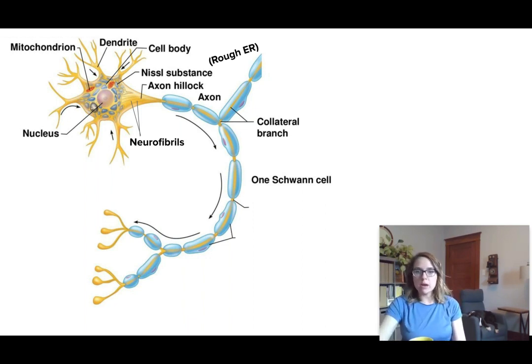When you learned about the cell theory, you learned about the scientists responsible for that. One of those scientists was Theodor Schwann. There was Schleiden and Schwann, and Schleiden really liked plants and Schwann really liked animals. Well, it's this same Schwann that discovered the Schwann cells of the neuron, and so these are named after him. So if that name rang a bell, it's just a fun fact for you today.